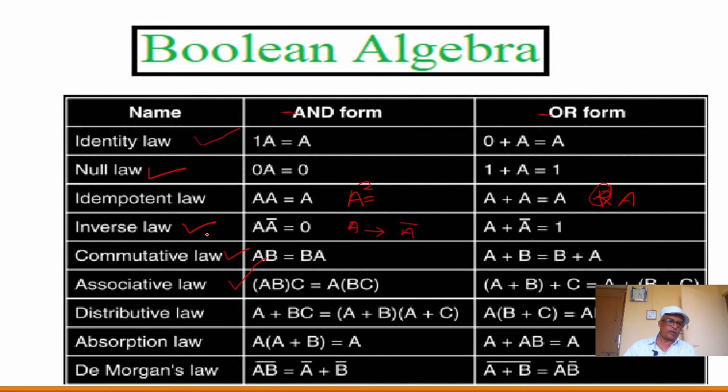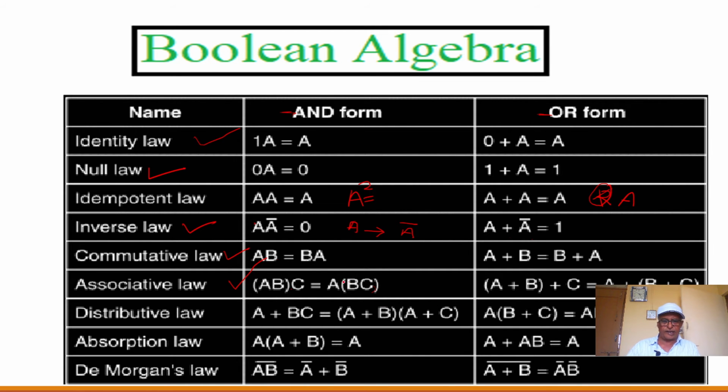The next law, we are considering the associative law. Here we are taking 3 variables, A, B, C. The sequence of A, B, C is same here, but the bracket is for the first 2. Instead of that, the bracket is for the last 2. Then also the result will not change.